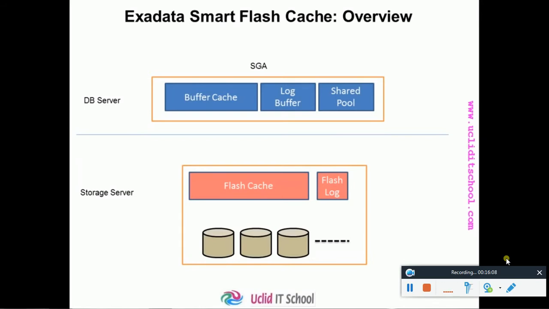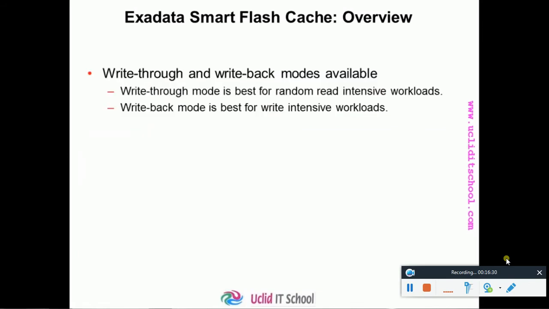So that way, by intelligently caching the data between all the three types of storage available, hard disk, flash disk and the DRAM, the overall performance is improved. So let us see more details about flash cache.